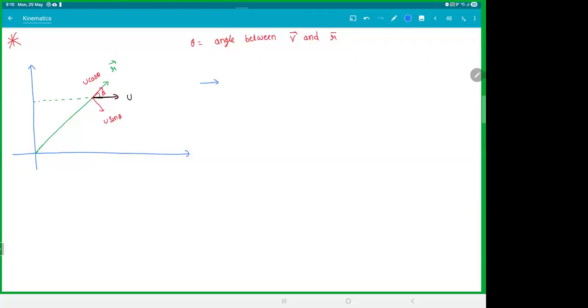U cos theta is in the direction of r bar. U cos theta is along r bar. This is responsible for increasing the length of the vector, isn't it? The u cos theta is stretching the vector.